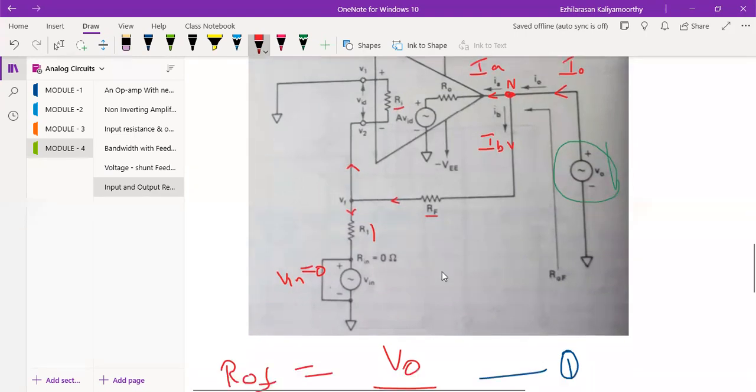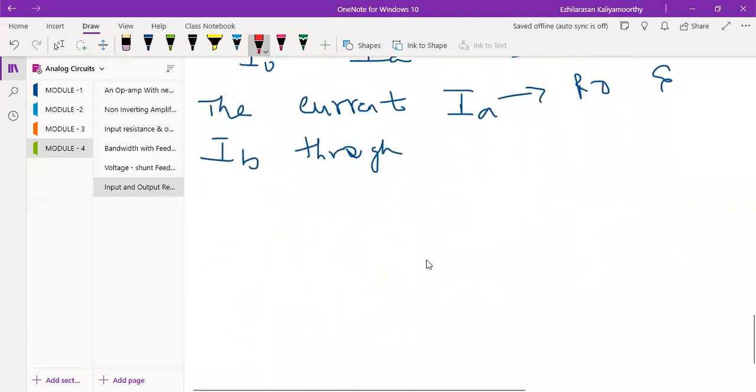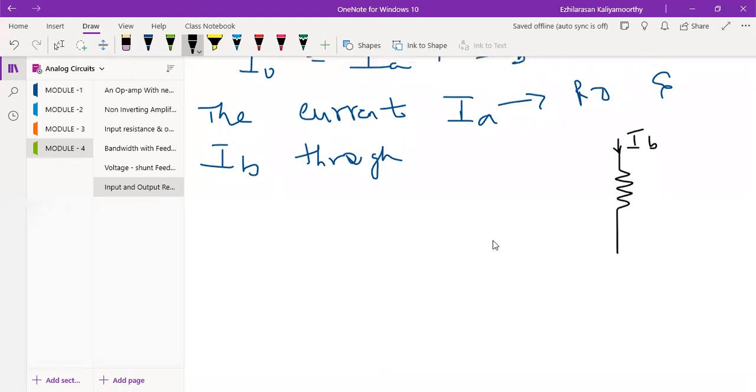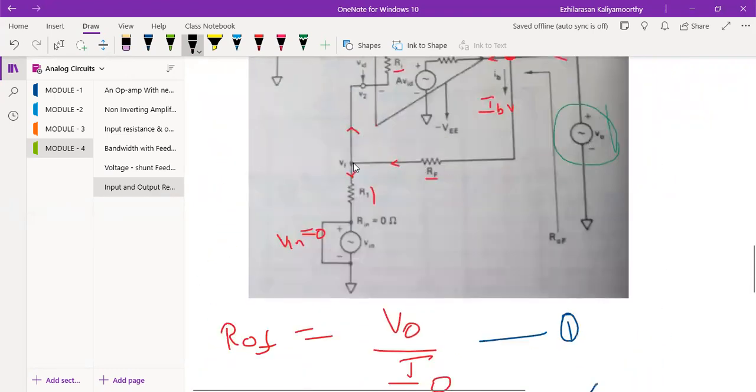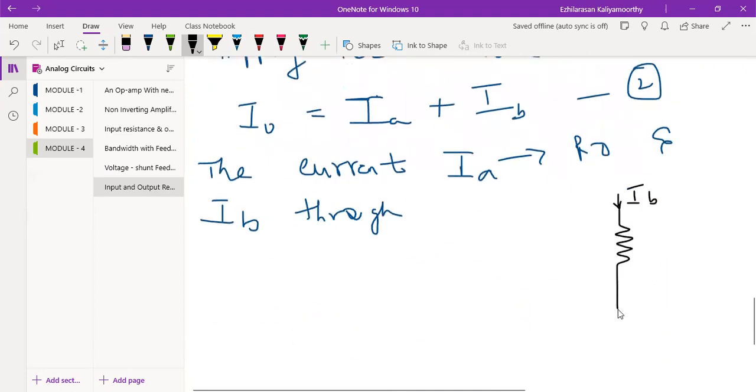So how will the diagram come? Let me draw the diagram here. First IB, so I will draw in that fashion only. Here the current which is flowing is IB current, correct? The IB current is flowing through RF. This is RF. Next, from that RF, one node, R1 is grounded. So I will say like this.